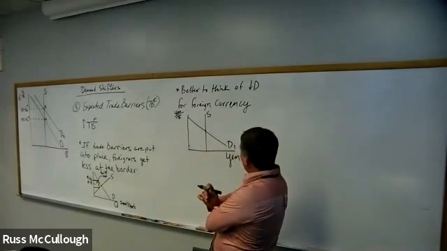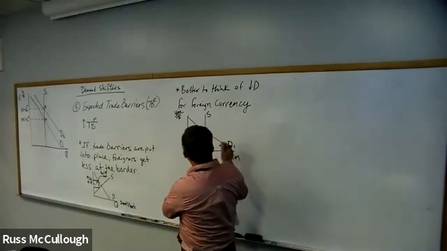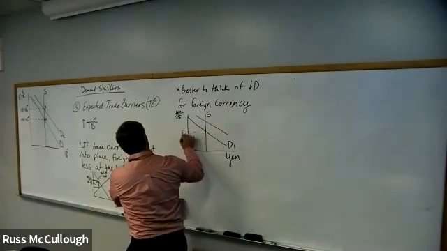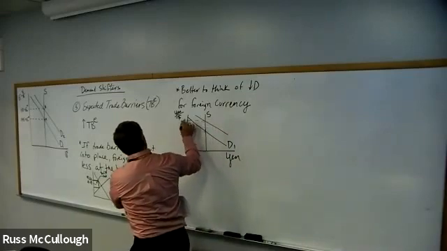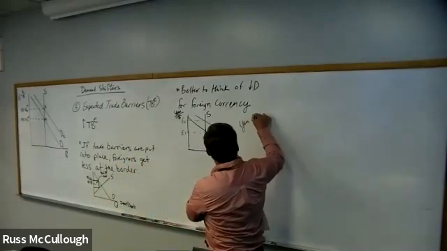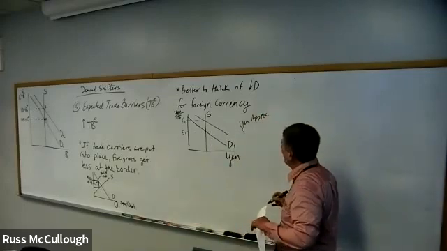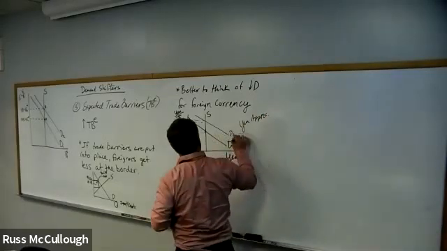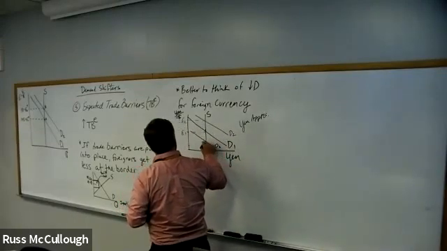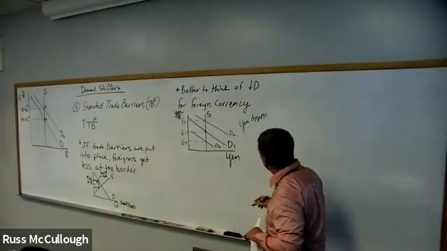So we're going to have yen appreciation. So an increase in demand would be, if we look at E1, that would be E2. So this would be yen appreciation. If it went that way. If it went this way, E3, we'd have yen depreciation.